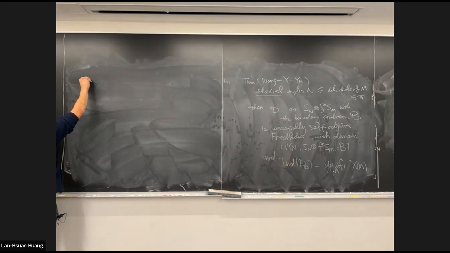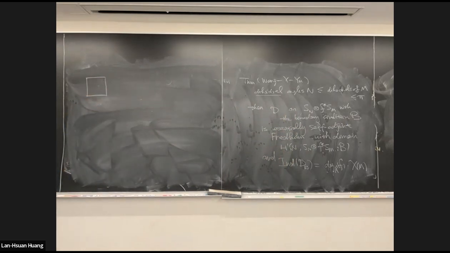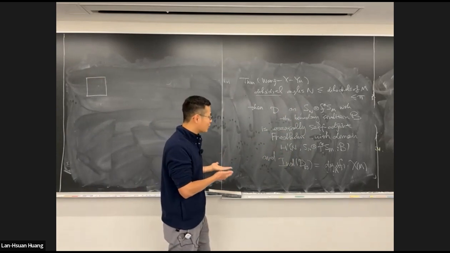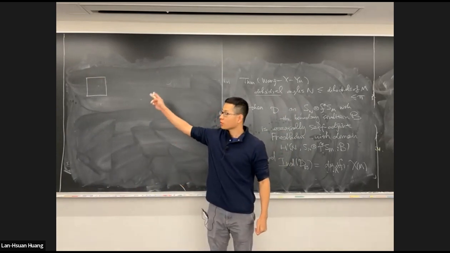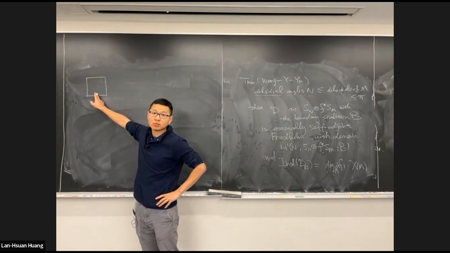Let's look at the square. So intuitively, you have a Dirac operator on this with the correct boundary condition. You say, well, it computes the Euler characteristic because the Dirac operator is Gauss-Bonnet in the two-dimensional case. Of course, for this object, Gauss-Bonnet is known.